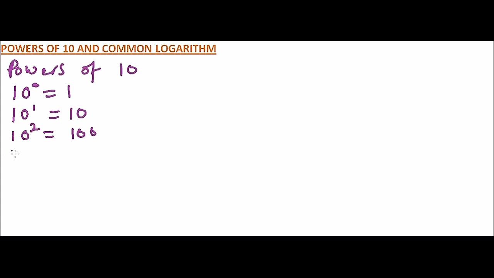We have 10 index 3 is equal to 1,000. That is 10 times 10 times 10. We have 10 to power 4 is equal to 10,000. So we can continue like that and you get the powers of 10.